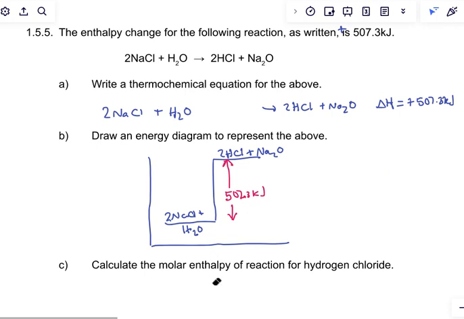Calculate the molar enthalpy of reaction for hydrogen chloride. So this reaction says you will spend 507.3 kilojoules for every 2 moles of HCl, which is one way you could give the answer. You could say our enthalpy change is 507.3 kilojoules per, because of the 2 right here, 2 moles HCl.